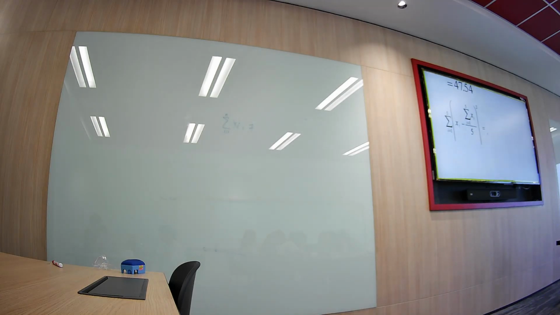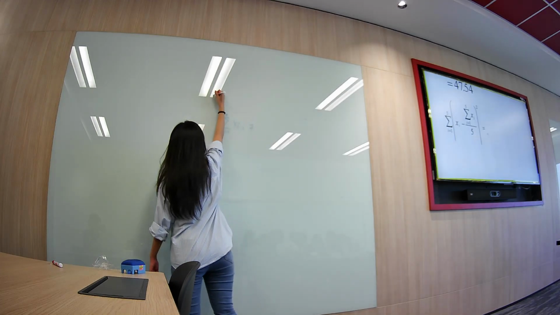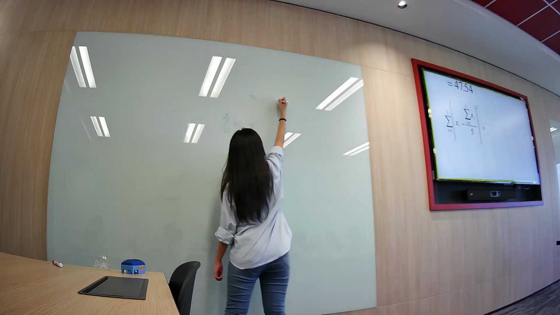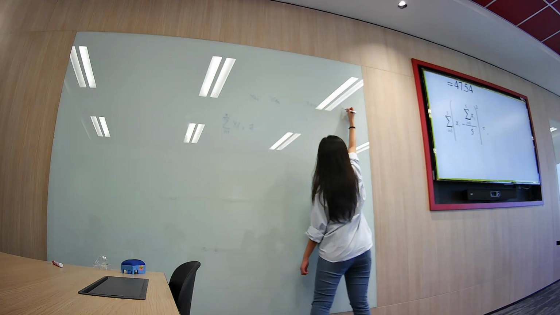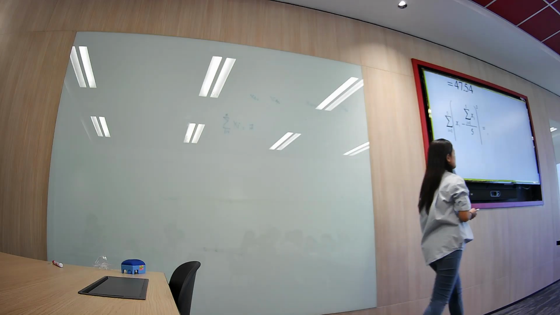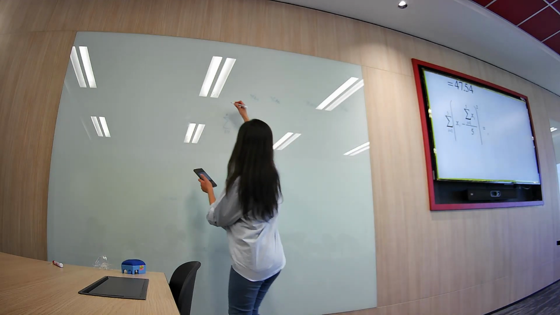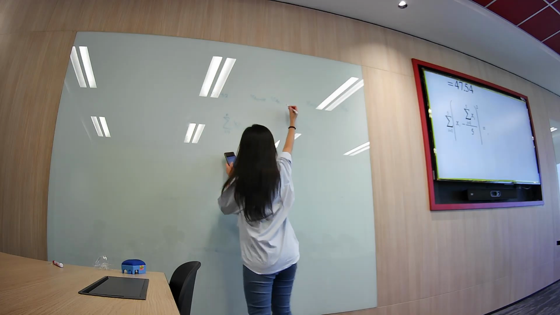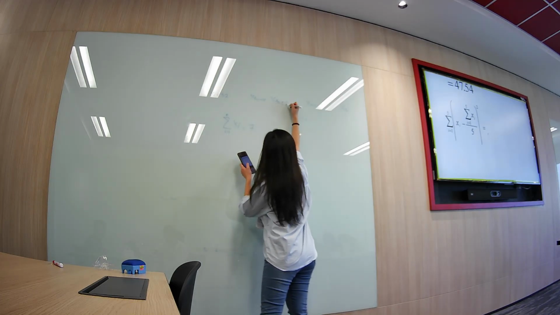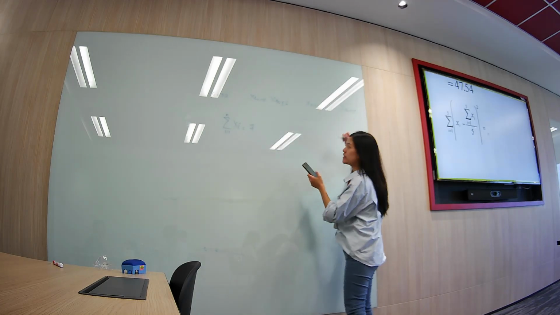Maybe I need to write down all the x1 to x5: x1, x2, x3, x4, x5. This is 3.2, and this is minus 1.5, 5.6, 1.2, minus 1.5.